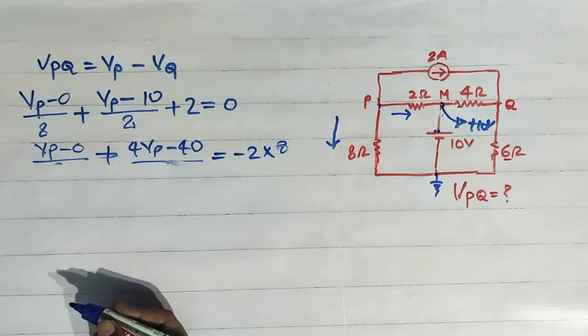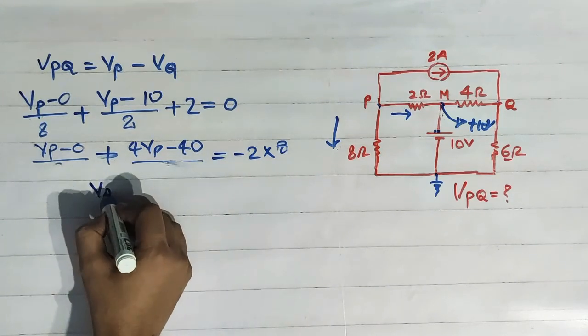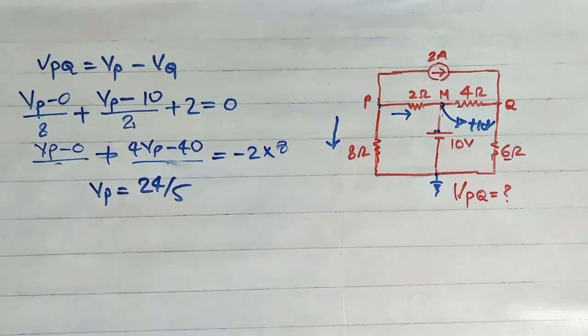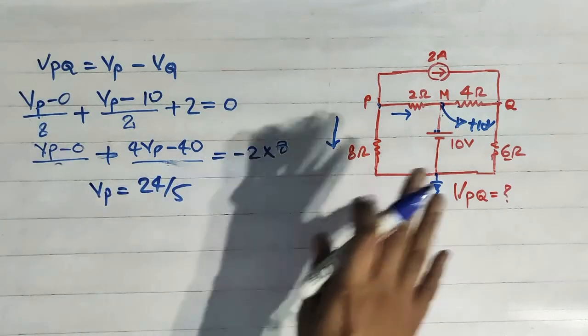So on solving this we get VP equals 24 by 5. Now what is VQ?